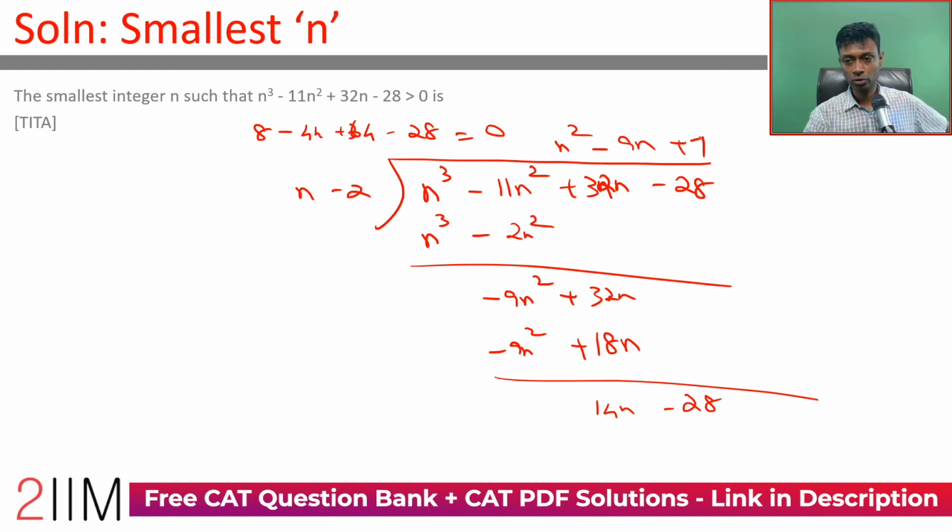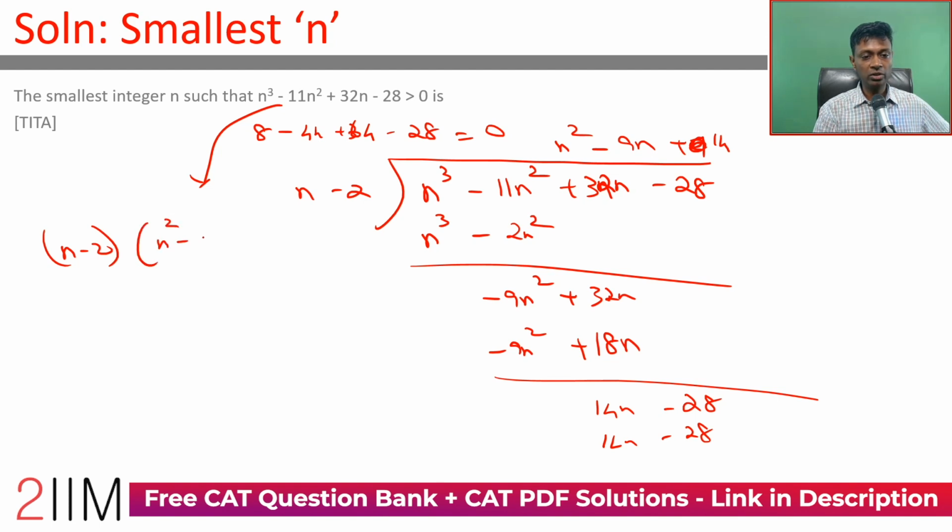This is 14n minus 28, so our expression is n minus 2 into n square minus 9n plus 14, or it is n minus 2 into n minus 2 into n minus 7.